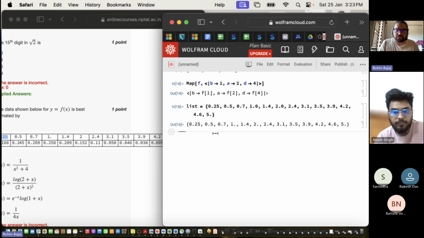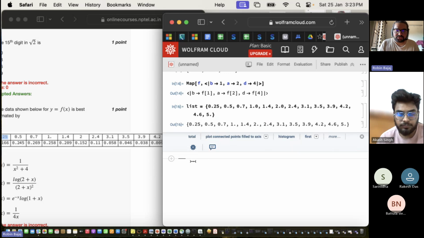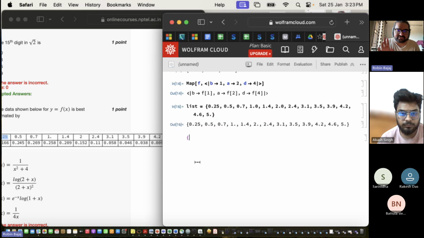You have to apply a function on a list. So let's simply do this. This is the simplest way. For example, I want to apply 1 by x square plus 4 on the list. So there is this way, backslash at the rate list.